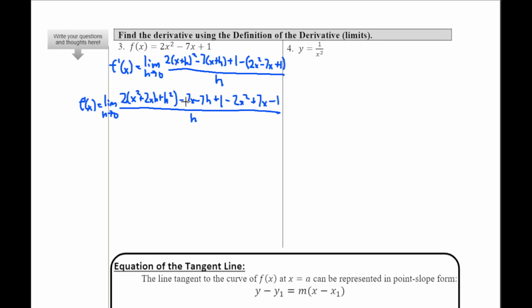But if you see right here, just before we move on, you see how there's a positive 1 right here and a minus 1 right here? We can just cross all those out, right? Just to save some room because there's a lot. You see here there's a minus 7x and a plus 7x. Let's cross that all out right there too.